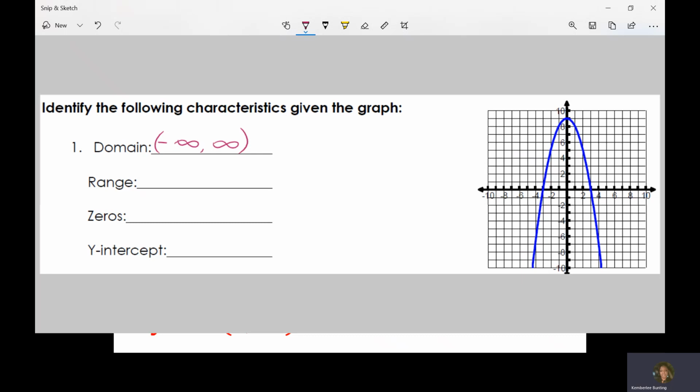All right. Now the range. Remember, when you're developing the interval for the range, it's the bottommost value all the way up to the topmost value, right? This doesn't stop, even though it's truncated by the graph. It keeps pointing down, down, down forever. Now, what is the lowest point of this graph?